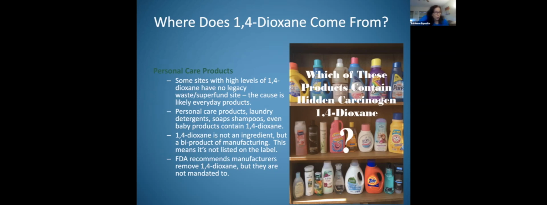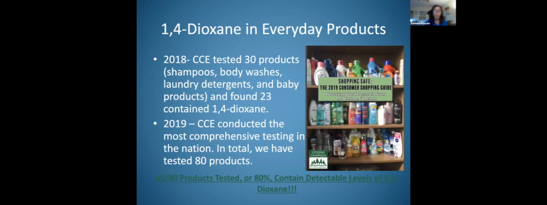So you also probably know that 1,4-dioxane is not an ingredient. That's why we call it the hidden carcinogen. It is a byproduct of the manufacturing process. So if the homeowner goes to the store and looks at their product, you don't see 1,4-dioxane listed on the ingredient label because in fact, it's not an ingredient. So you don't know it's there.